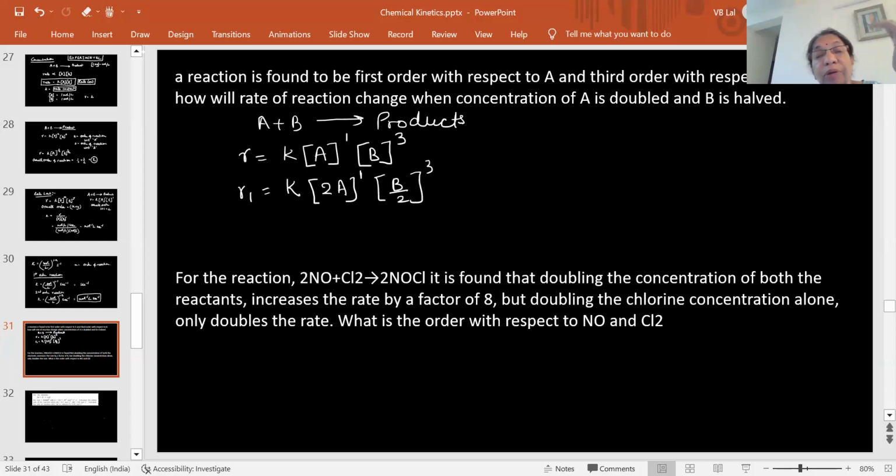So now I have to compare how the rate will change. This is equation number 1 and this is equation number 2, right? So how will I find the change? You divide 2 by 1.